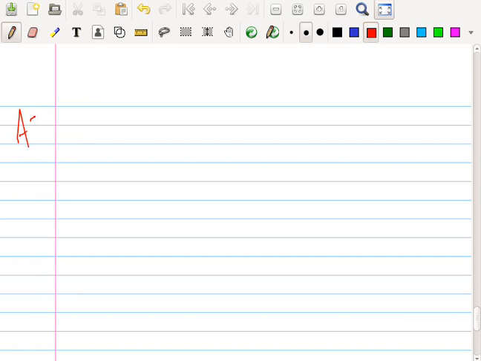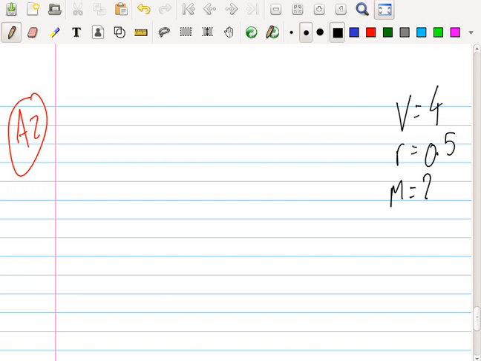Alright. This one here was similar to the other paper I did. You have an object that is rotated in a circle with a constant speed of 4, the radius is 0.5, and the mass is 2.5.